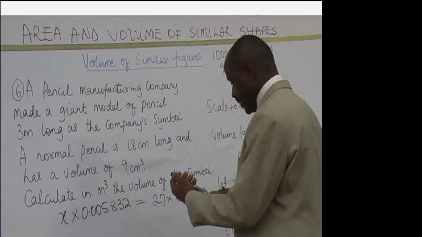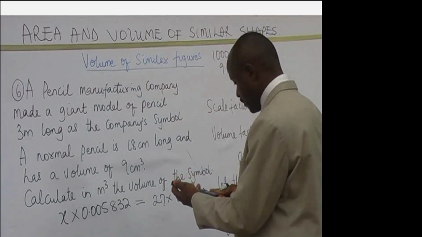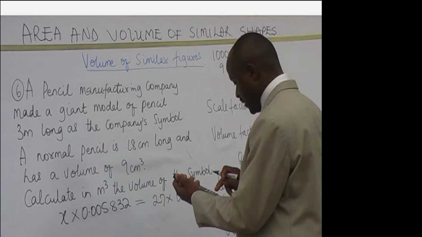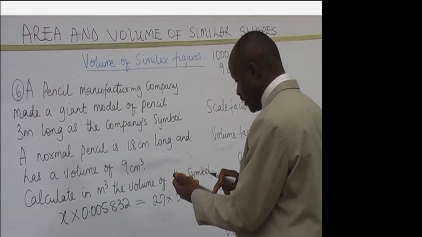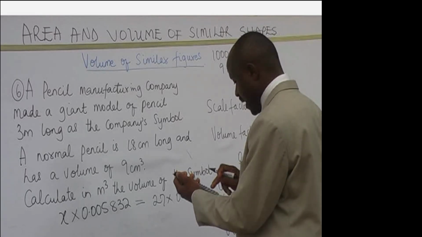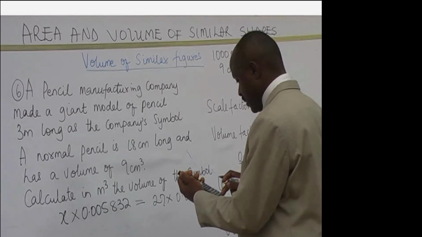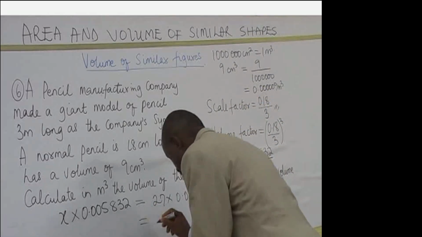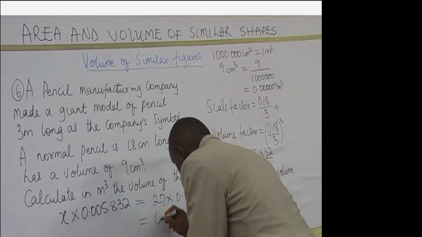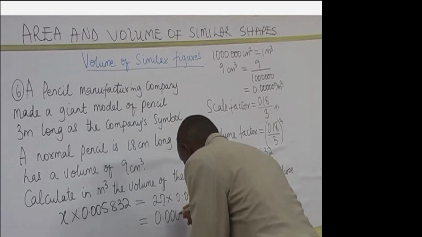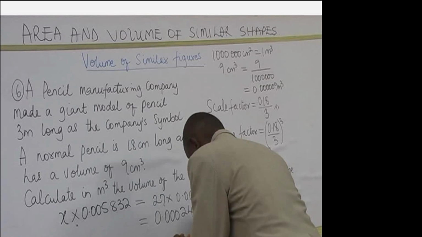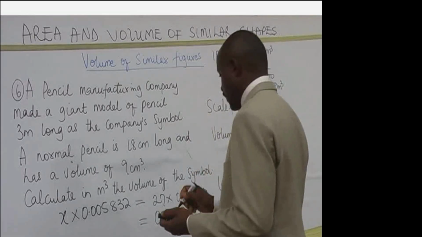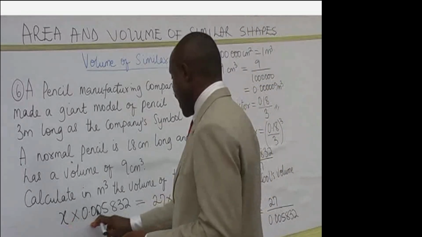Let's multiply this out and see what it will give us. 27 times 0.000009 is giving me 0.000243. That is x times this.